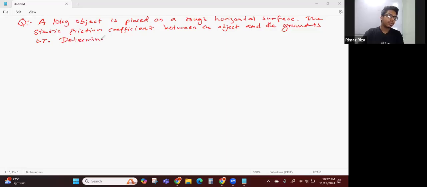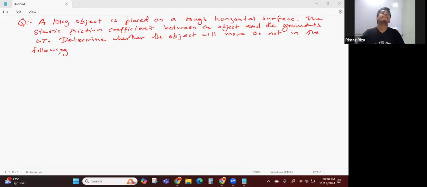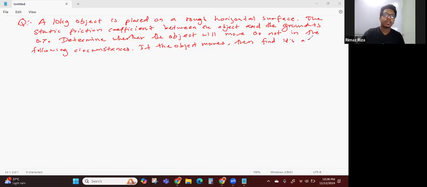Determine whether the object will move or not in the following circumstances. If the object moves, then find its acceleration.